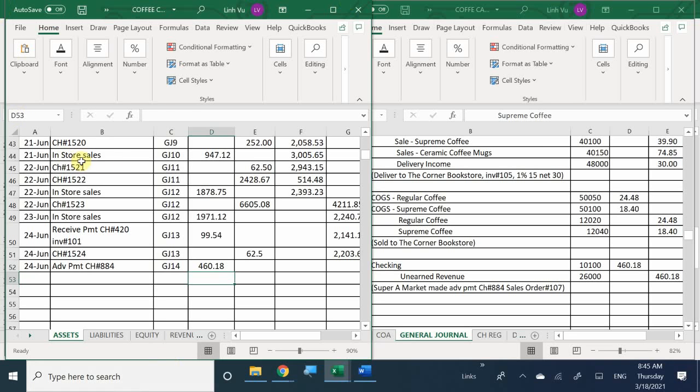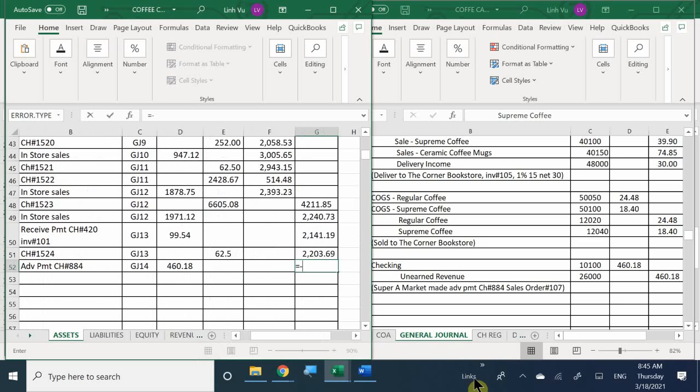So then what is my 1743.51 on the credit side? 1743 on the credit side? So we're still outstanding.